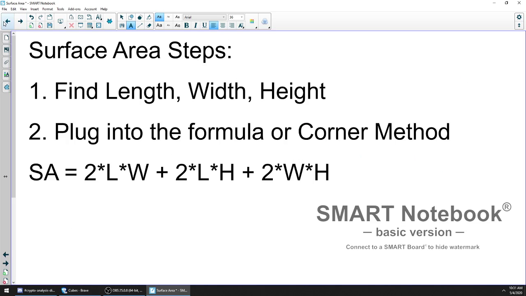Now we're dealing with cubes, so the numbers are the same, but tomorrow we'll be looking at rectangular prisms where the numbers are going to be different. But we can use the same formulas, the same methods. This is just an introduction, showing you how to do it with the easiest shape. So let's look at the homework and let's try the first problem.